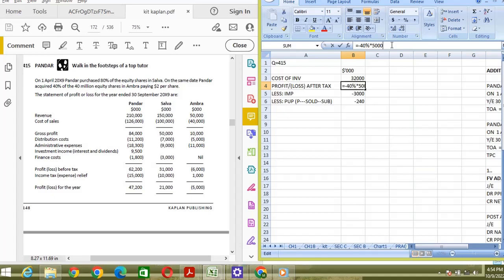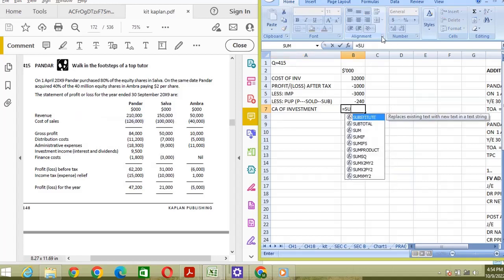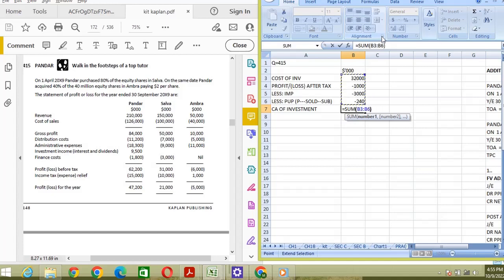We just forgot to apportion this 6/12 as it is a mid-year acquisition. So now the carrying amount of investment equals the sum. The answer is 27,760, the carrying amount of investment.